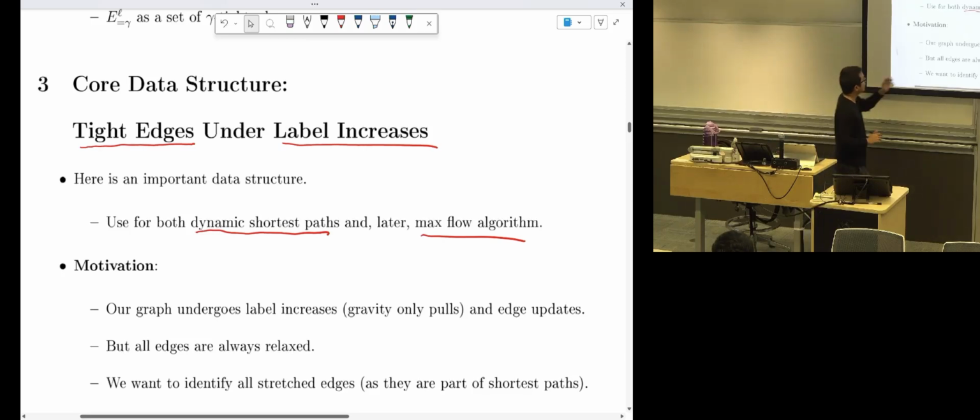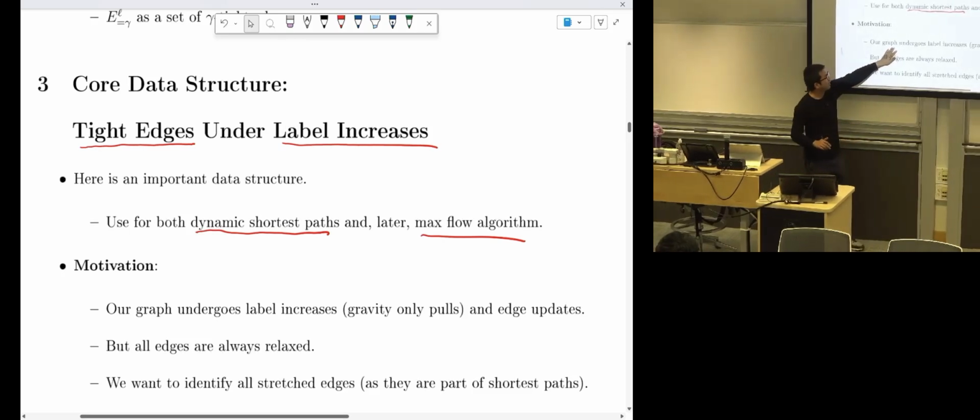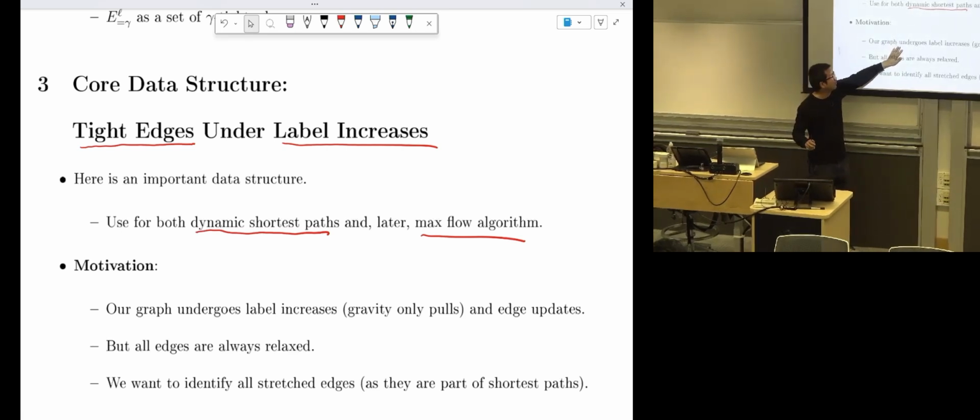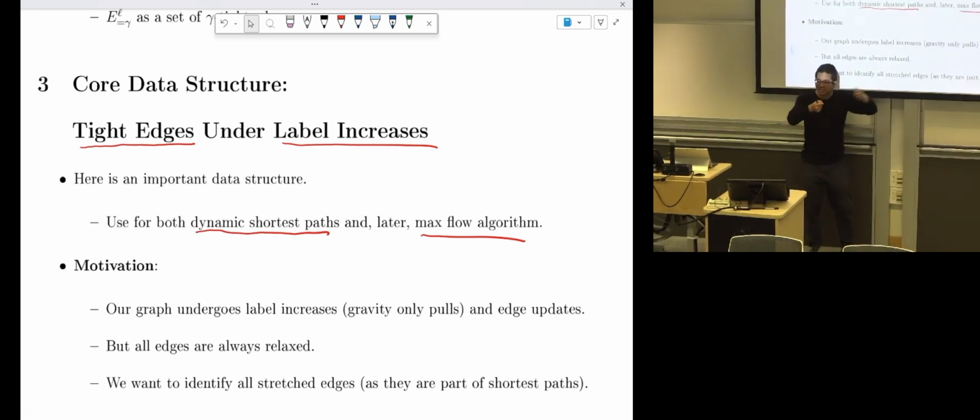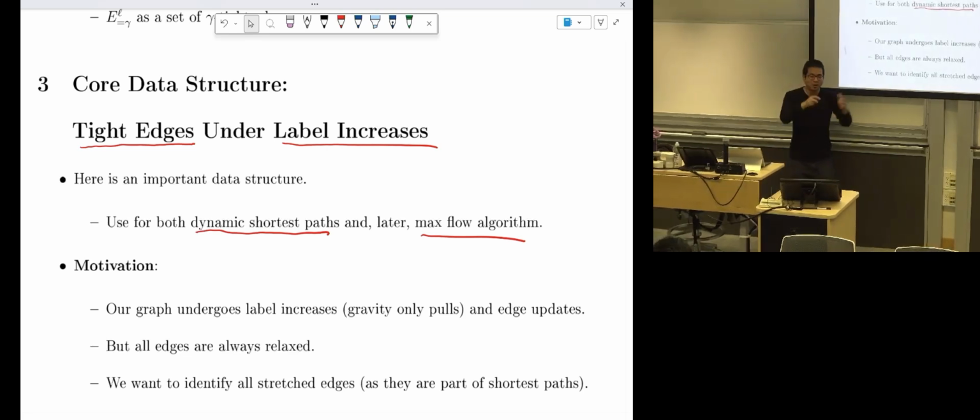Imagine that you have a graph and label L, and there are changes: you're only going to increase labels. Kind of like gravity keeps pulling some node more and more, but you don't pull everything at the same time. It's given to you as an update to pull some node more and more.